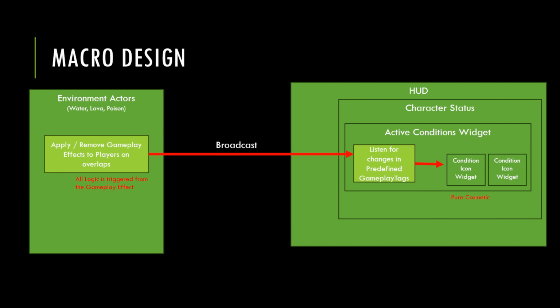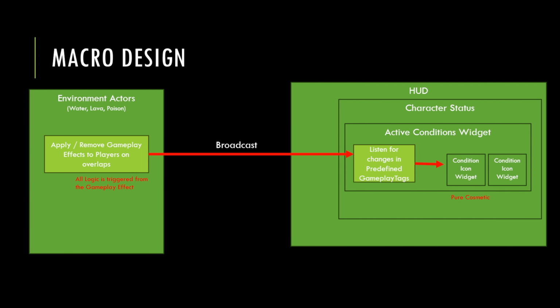What you're seeing on the UI is completely cosmetic. It's there to allow the player to see when things are on them and when they're going to expire. But the actual expiration is driven by the gameplay effect, not the icon on the UI.